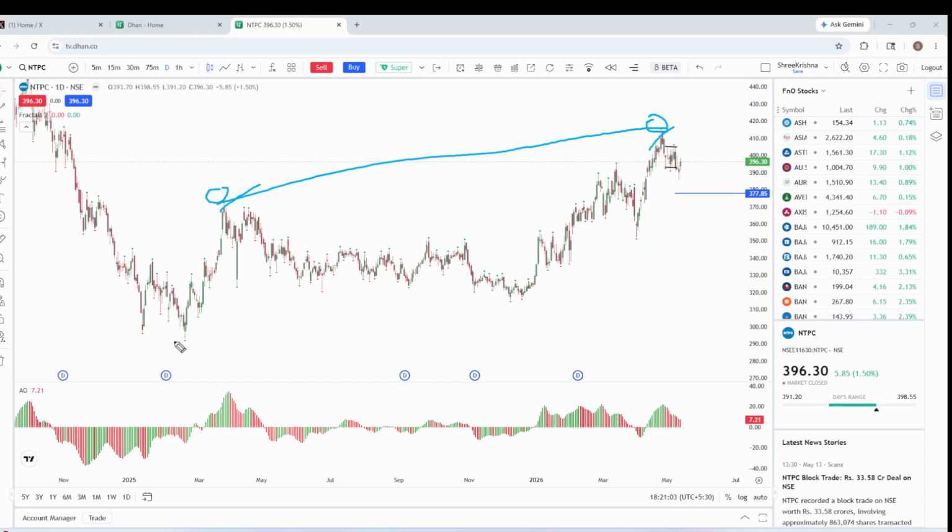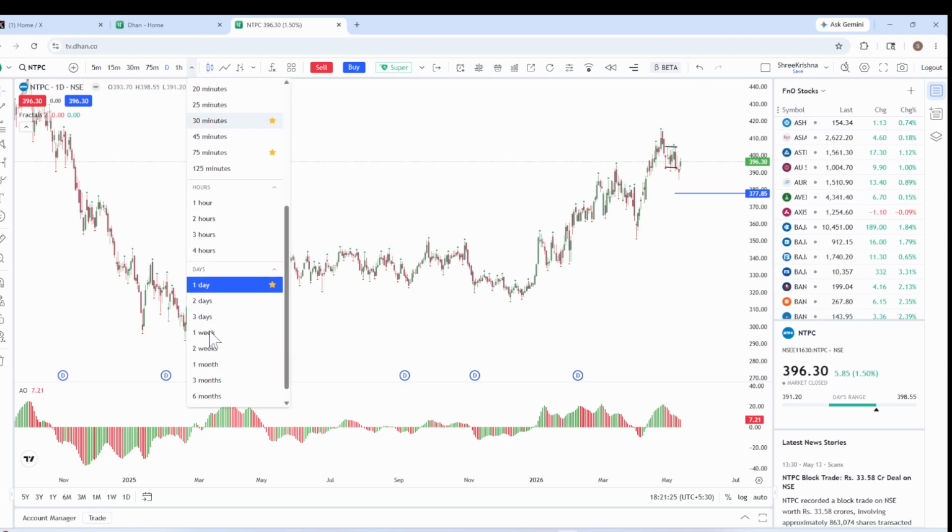The reason is, this is the low. It made a high, then pulled back barely 30-40% and then made a move. This is an indication that there should be greater momentum, but there is no greater momentum. So this is how we make decisions.